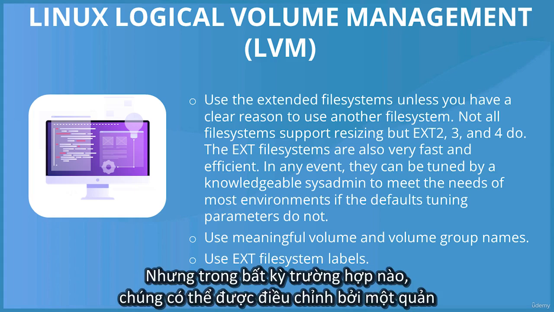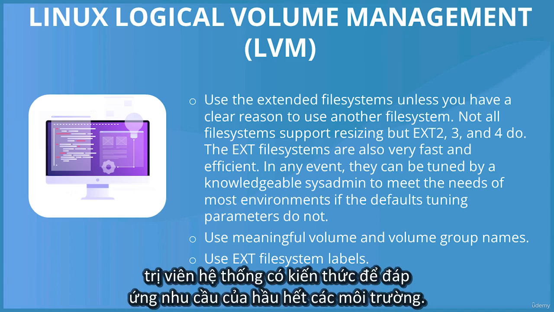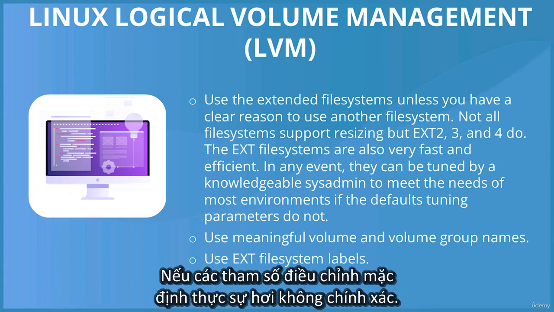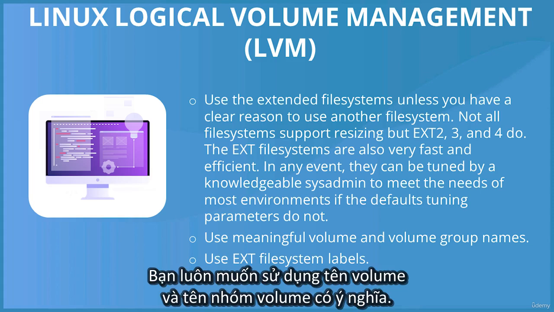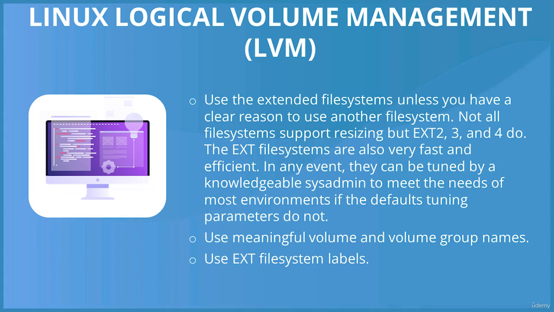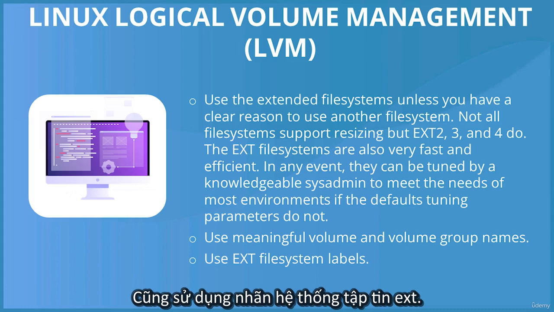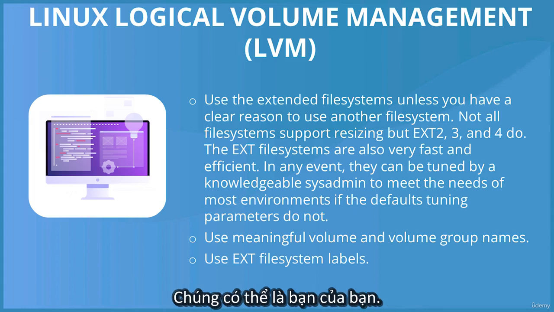But in any event, they can be tuned by a knowledgeable sysadmin to meet the needs of most environments if the default tuning parameters are actually a little out of tune. You always want to use meaningful volume names and volume group names. Also use ext file system labels. They can be your friend.